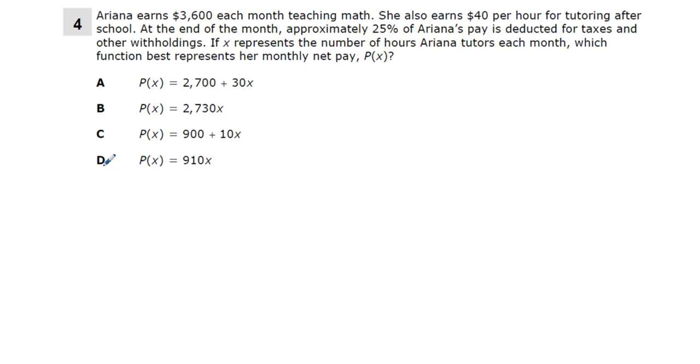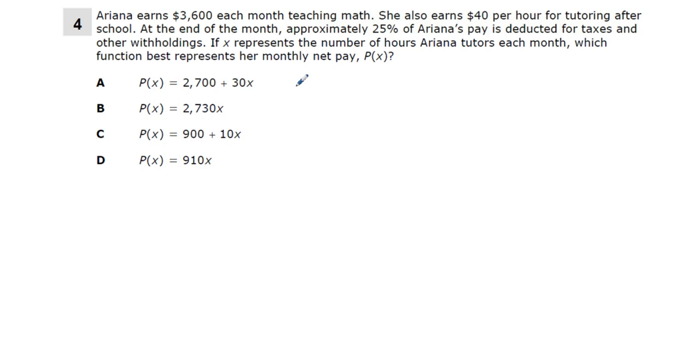4. Ariana earns $3,600 each month teaching math. And I think she needs to go to a district that pays better, because there are better paying districts. Anyway, she also earns $40 per hour for tutoring after school. At the end of the month, approximately 25% of Ariana's pay is deducted for tax and other withholdings. Now, this problem really tests your understanding of what percentages will do, like a rate.